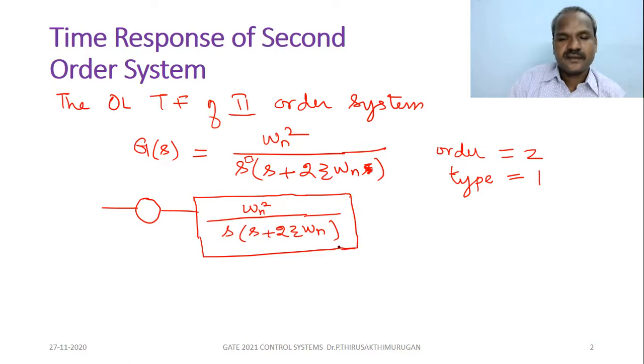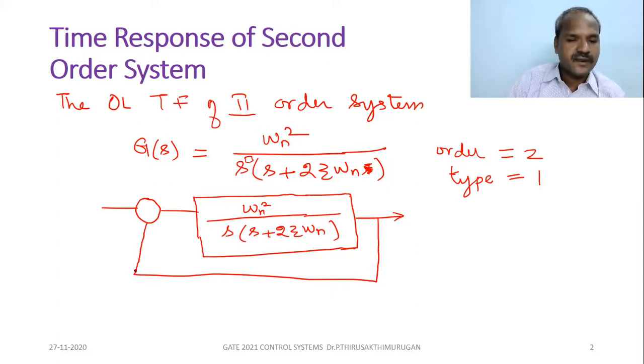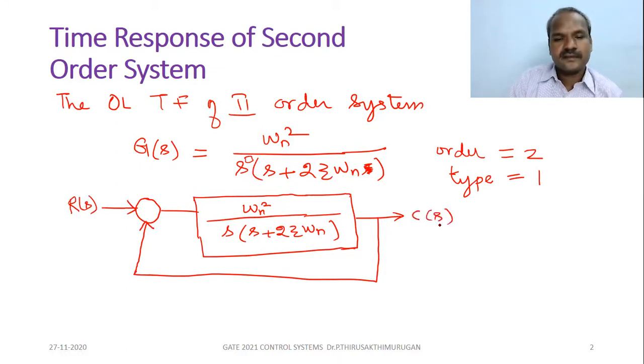It is subject to unity gain, negative feedback. R of S is the reference input, C of S is the output. So with unity feedback, as per the closed loop transfer function, C of S.